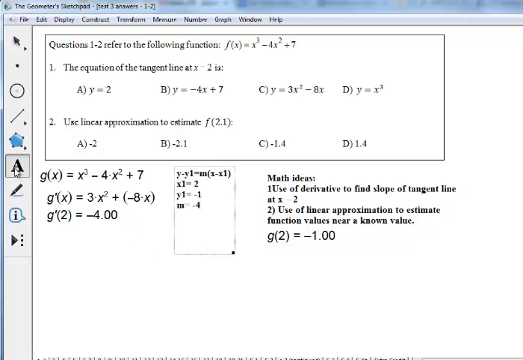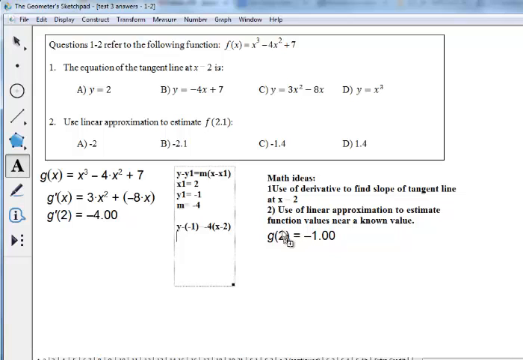So now I want to put all of that into our original equation, and we get y minus negative 1 is equal to m, which is negative 4, times x minus 2.